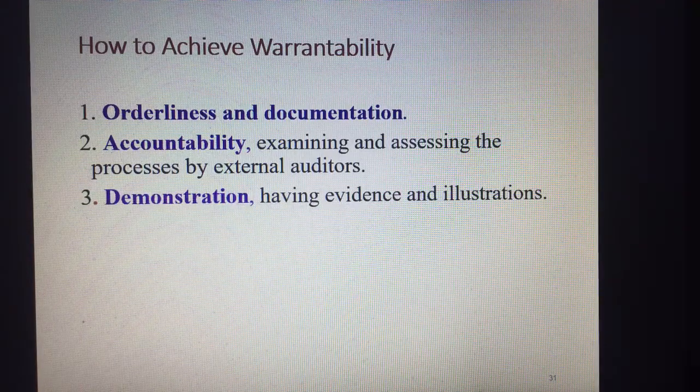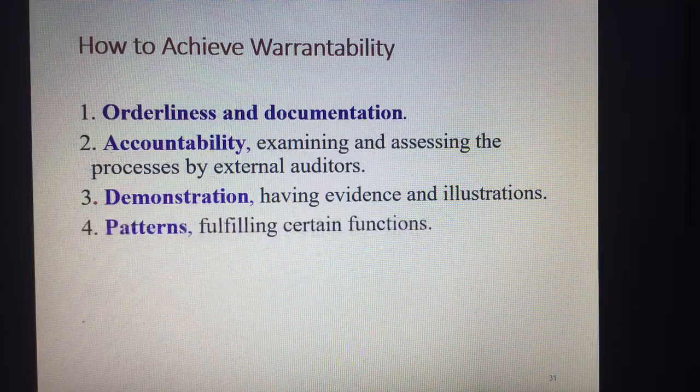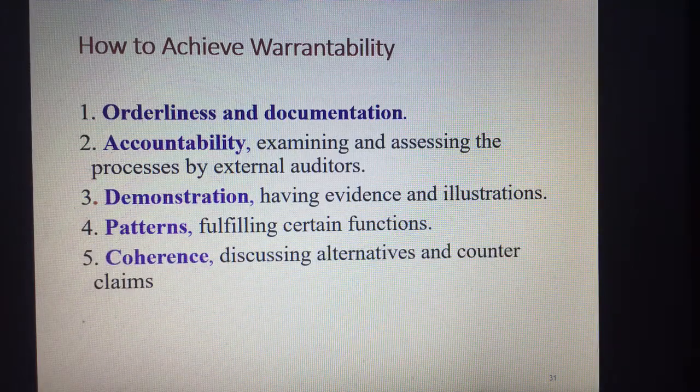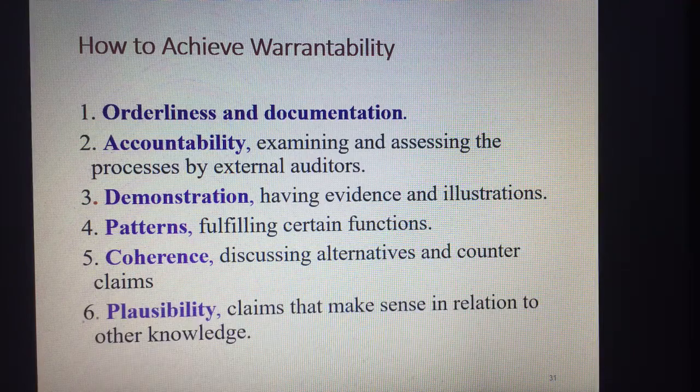Also, you can demonstrate it, having evidence and illustrations, or look at the patterns and see if they are fulfilling certain functions, or maybe you can see if it's coherent, discussing alternatives or counter claims as well. Plausibility, looking at the claims that make sense in relation to other knowledge.